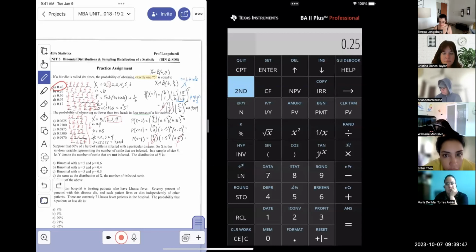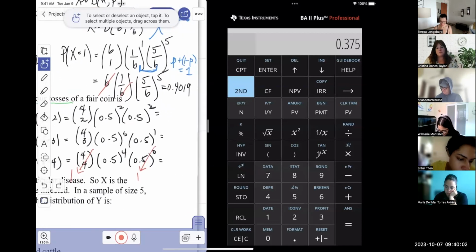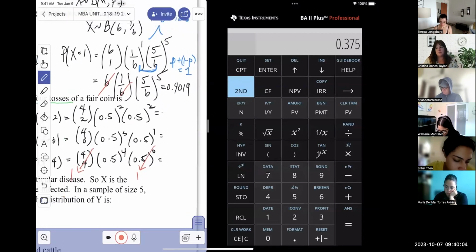And then the last one will just be 0.5 to the 4, and store that in 3. Okay, so the first one was 0.375. The second one was 0.25. And the third one was 0.0625, sorry.